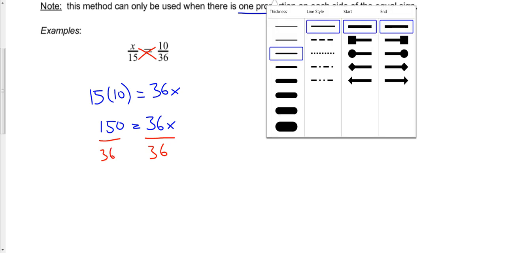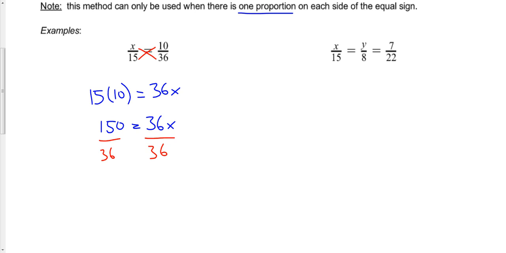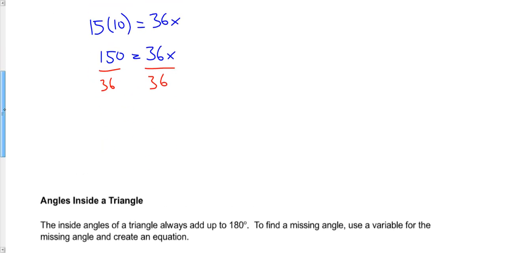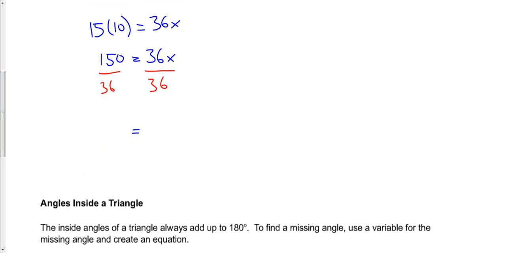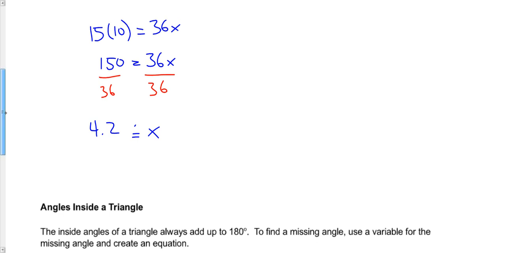So we're going to divide both the right and the left-hand side of the equation by 36. So we're going to be left with x is equal to 150 divided by 36, which is going to give us approximately 4.2. We'll round that.